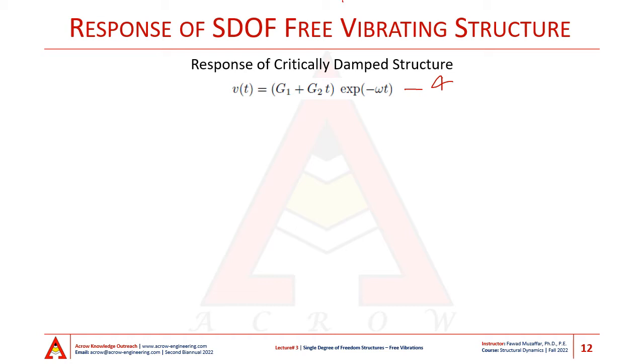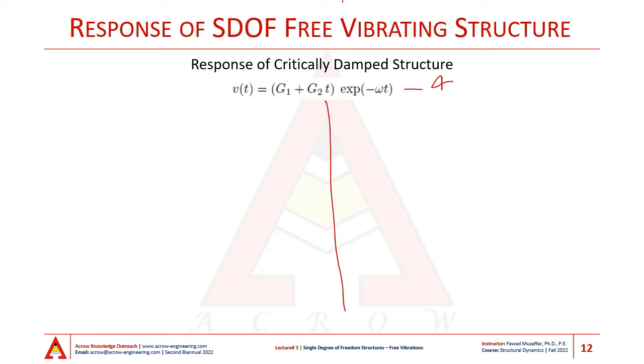G1 and G2 were the two constants, and now the problem is to determine G1 and G2. The values of G1 and G2 can be calculated by considering boundary conditions. Let's do that.